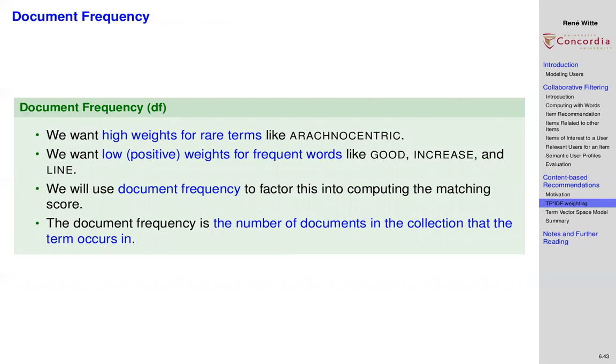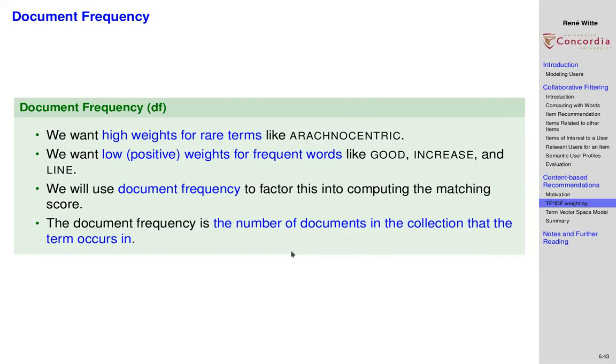So how can we calculate this? Well, we want to find out how rare a term really is. For this, we're going to calculate the so-called document frequency. Document frequency is exactly the opposite. Here we don't count how often a word appears in the document; we count how many documents have this word appearing.